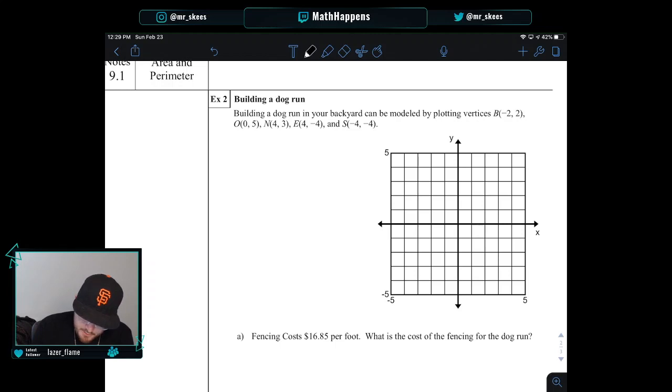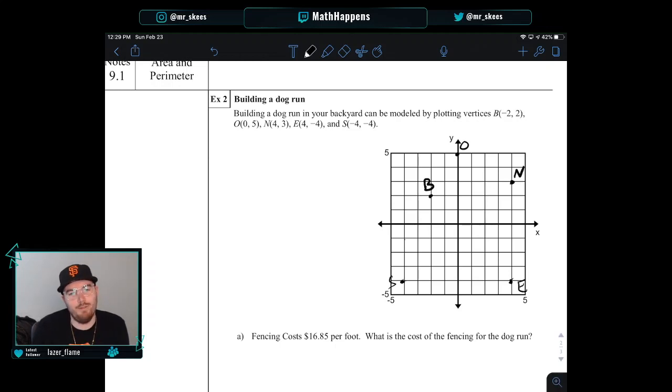So -2, 2, there's B, and 0, 5, up 1, 2, 3, 4, 5, there's O, and 4, 1, 2, 3, 4, up 3, there's N, and then over 4, down 1, 2, 3, 4, there's E, and then S, -4, 1, 2, 3, 4, and down 1, 2, 3, 4, there's S.